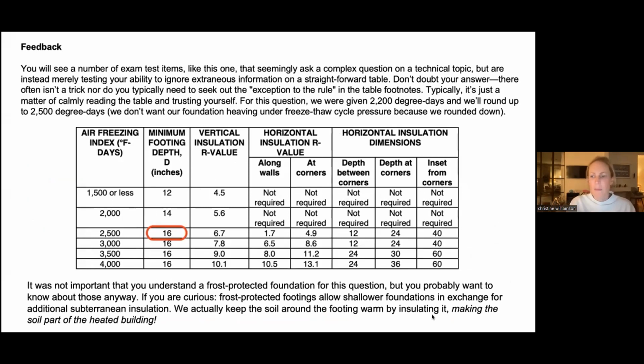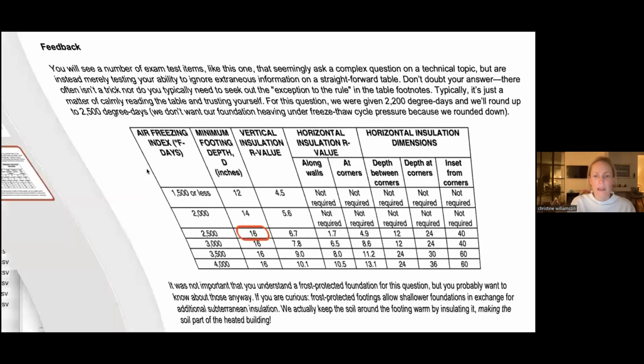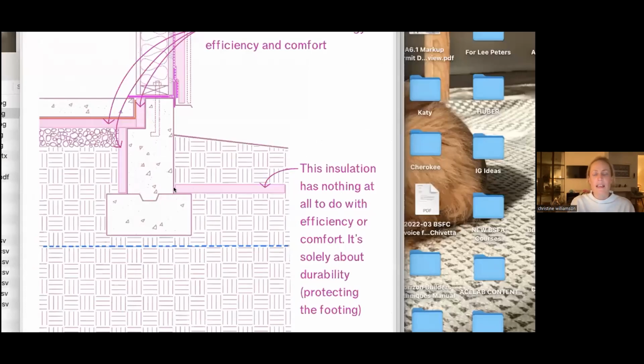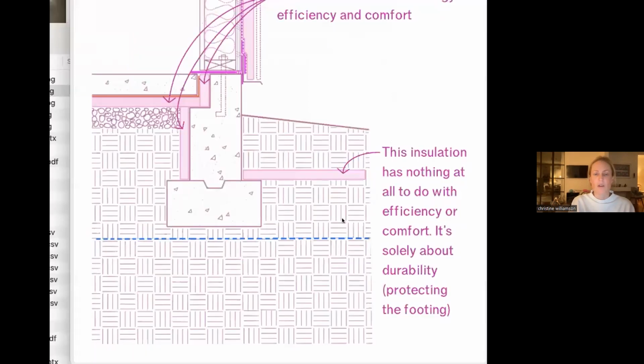One thing I ought to mention before we go to questions is horizontally, how much does this insulation need to extend? Follow the code, it'll be in the code, but it's typically whatever the length of the frost line is, that's how much you want to extend outwards. It's just a rule of thumb.